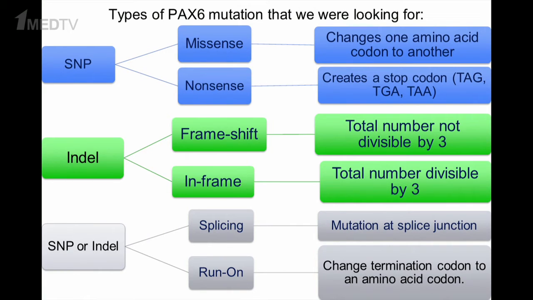And so the new sequence has either been put into the gene or sequence has been removed from the gene. The last two represent changes in how the architectural blueprint is made, and so we call these splicing mutations or run-on mutations.